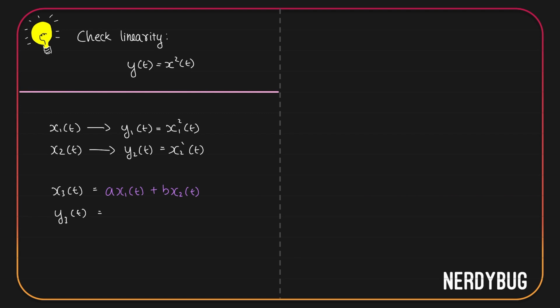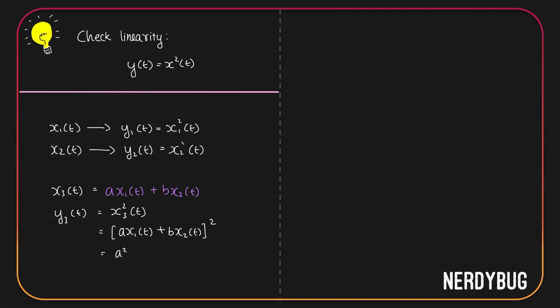According to the definition in the question, y3 of t will be x3 square of t. But x3 of t is a x1 of t plus b x2 of t. So this is a x1 of t plus b x2 of t, the whole square.